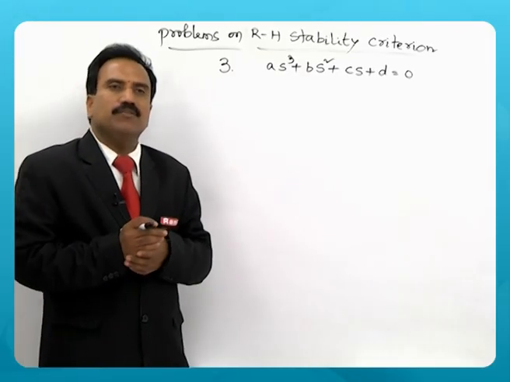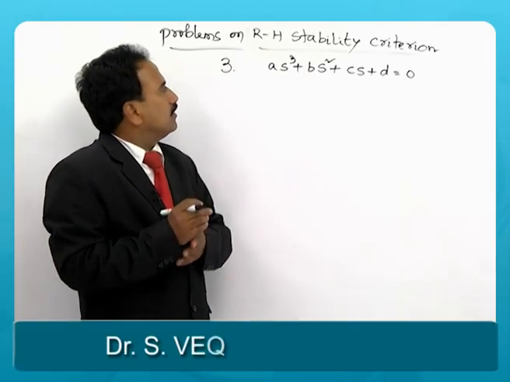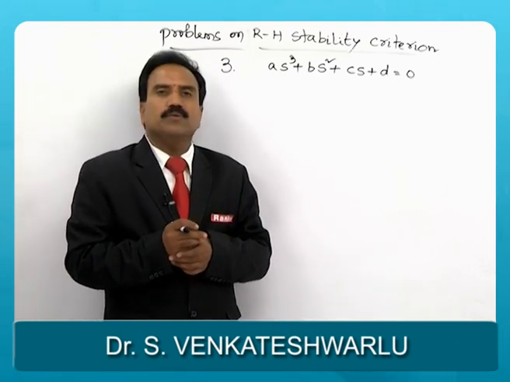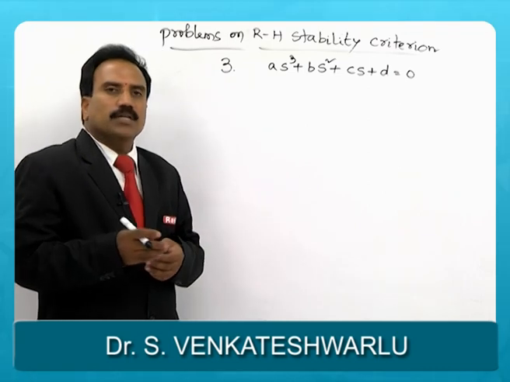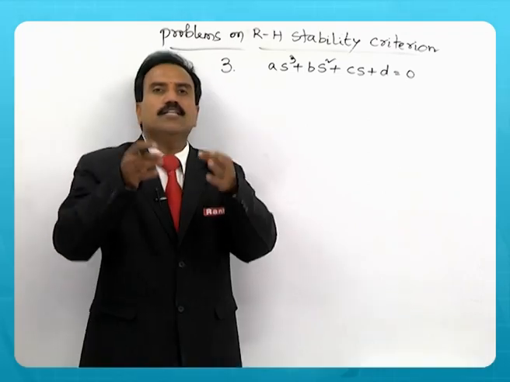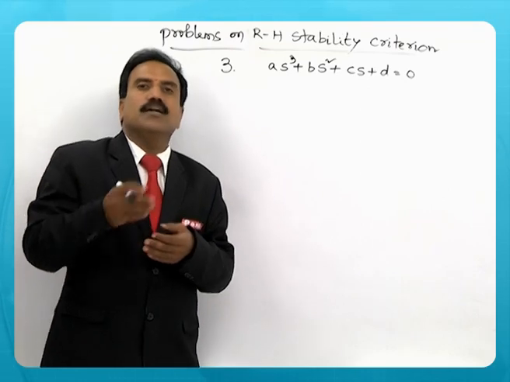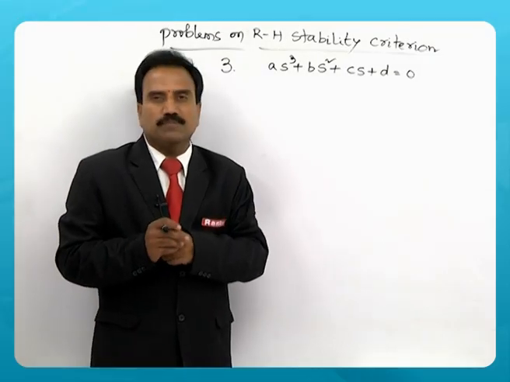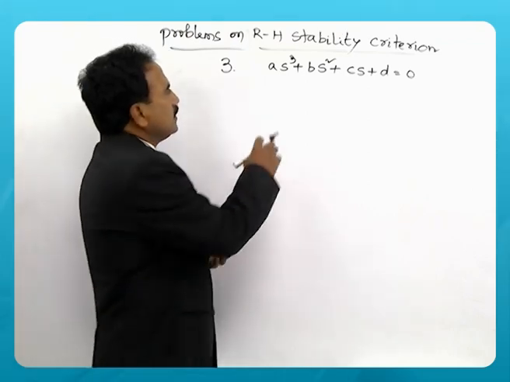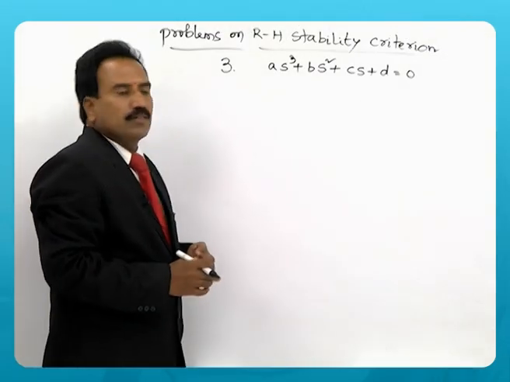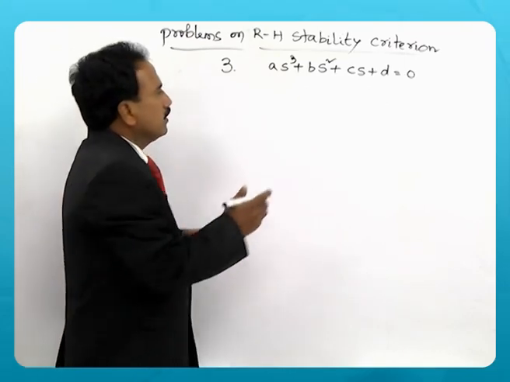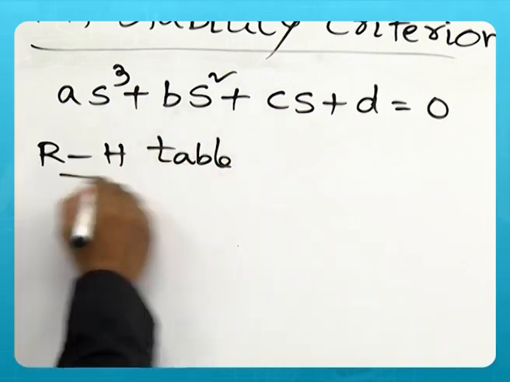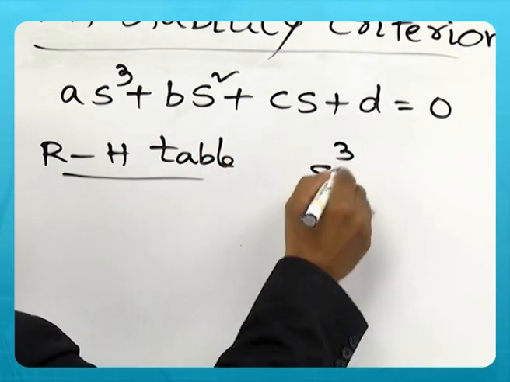When a third order system is given, like a s cube plus b s square plus c s plus d equal to 0, whatever may be the example, you need not create the Routh table, and you can get the answer quickly by looking at the coefficients of the given function. Let us see, if it is a general equation of third order given like this, then the R-H table, as you know, is created in the similar way explained before.